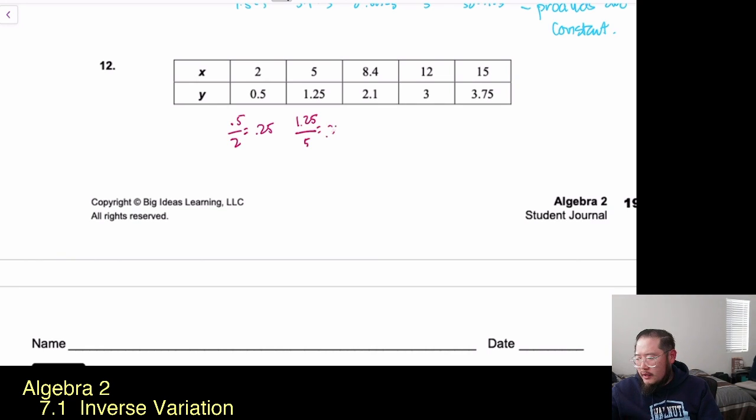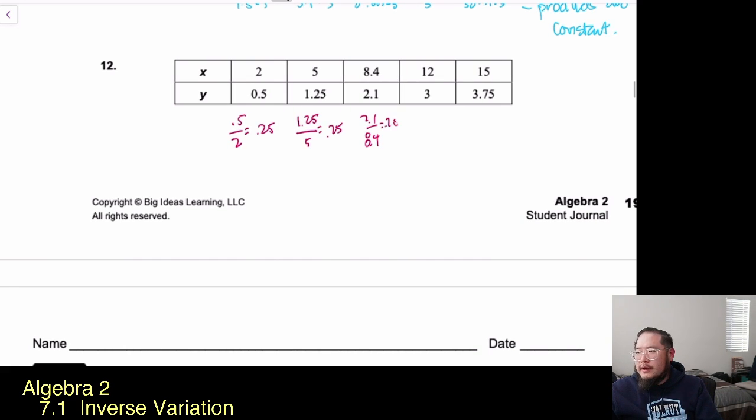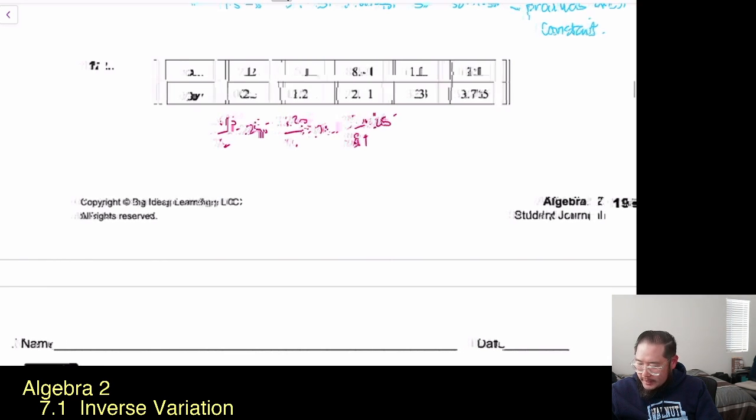All right, let's take 2.1 divided by 8.4. 0.25. So hopefully now you will see that we've got ourselves direct variation.